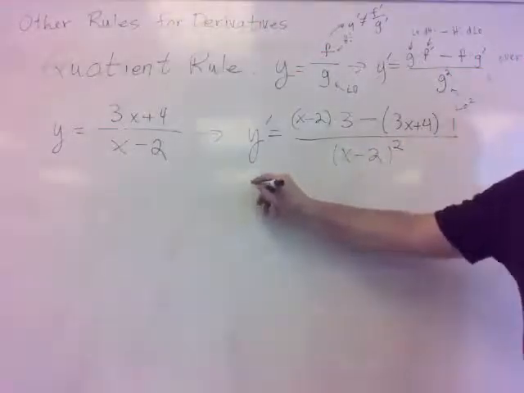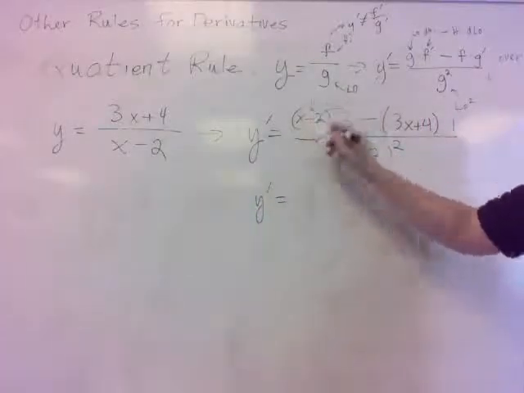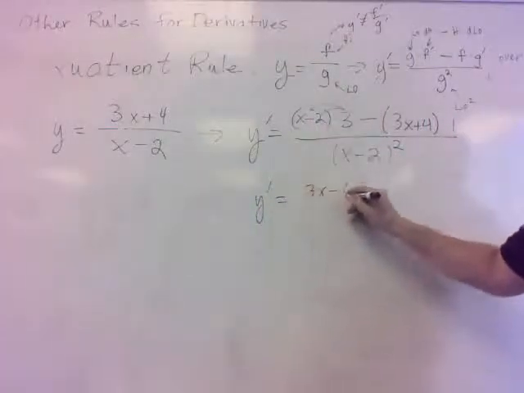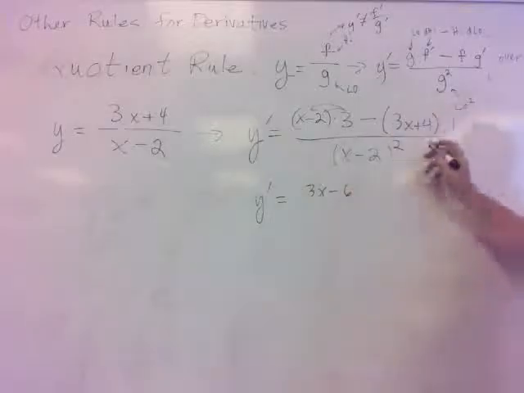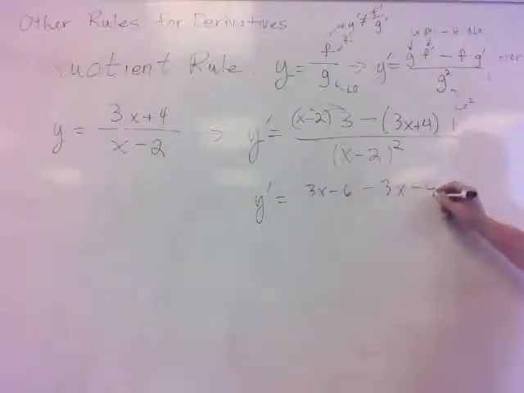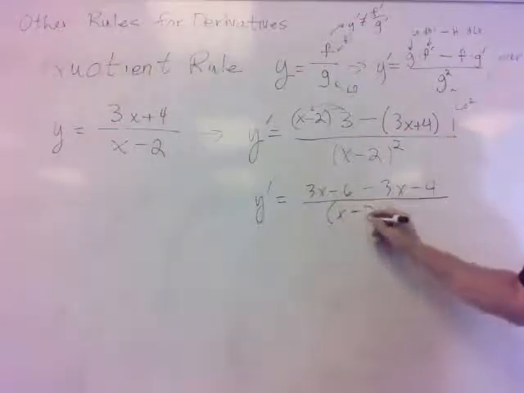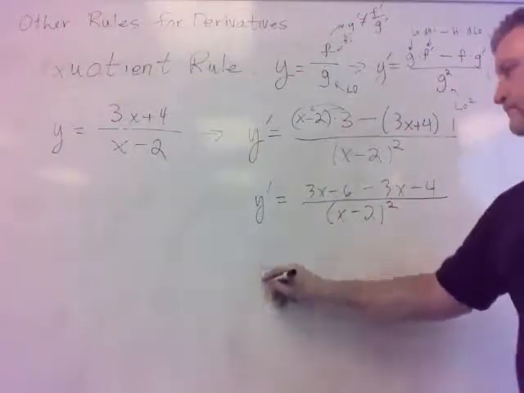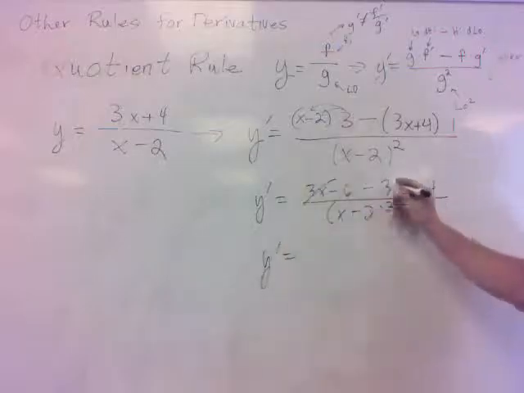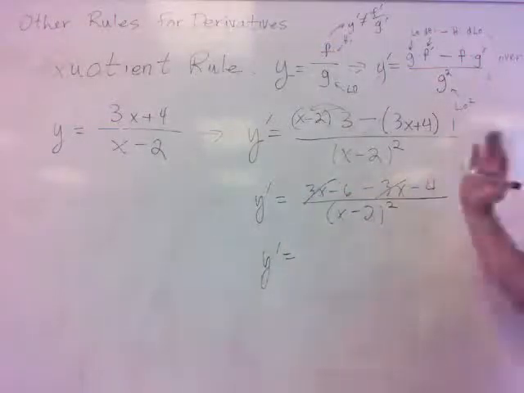Cleaning that up, like I said, this one actually cleans up nicely. You have to multiply that by 3, so it'll be 3x minus 6. This, well, it's times 1, so it's just minus 3x minus 4, isn't it? This right here, over (x minus 2) squared. Well, this one won't always happen this nicely, but 3x minus 3x, those are gone.